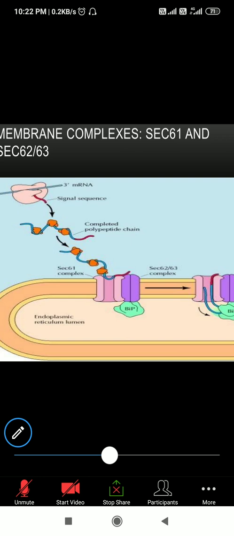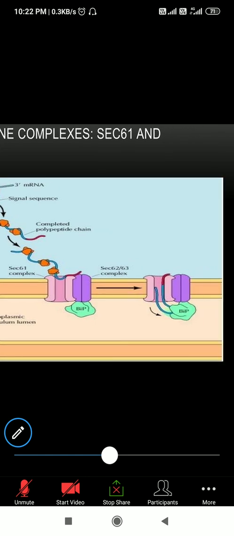Another chaperone which is present inside the endoplasmic reticulum is called BiP. This BiP pulls the growing polypeptide chain through the Sec61 into the lumen of the endoplasmic reticulum. So this BiP acts as a driving force for post-translational translocation of proteins into the endoplasmic reticulum.